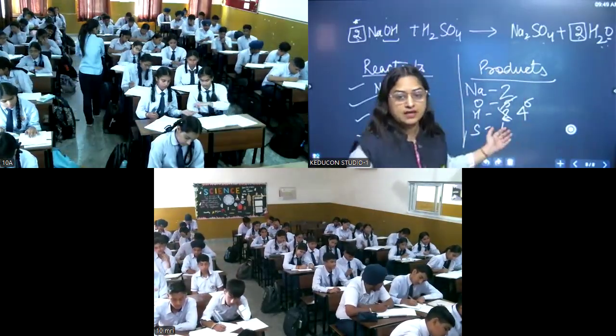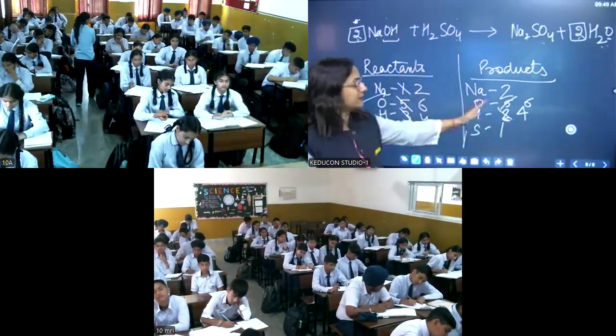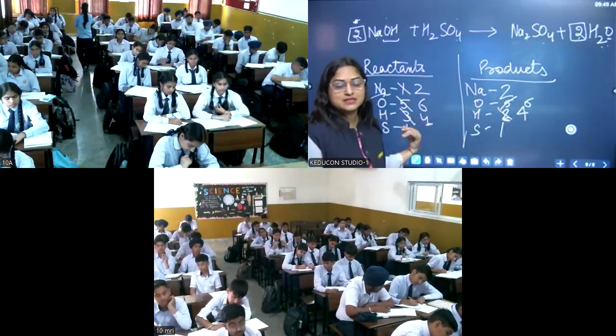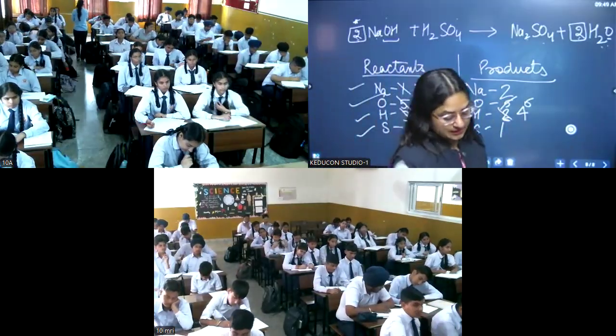This is what we have done. We are trying to make them equal on both sides of the equation. We are trying to make these atoms equal. This is balancing.